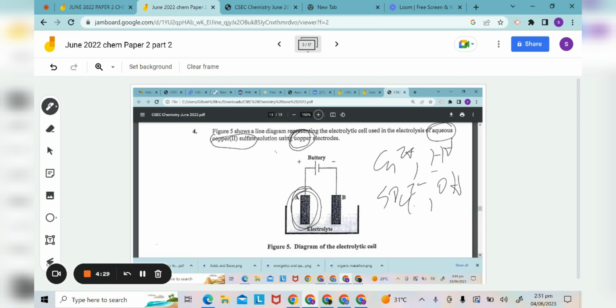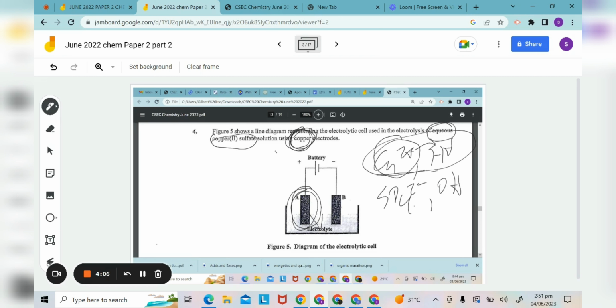However, in this situation, because you're using active electrodes, the copper metal is going to dissolve in the electrolyte. Then now you have 2 cations which are competing for discharge. And because copper is lower than hydrogen in the electrochemical series, copper will discharge.